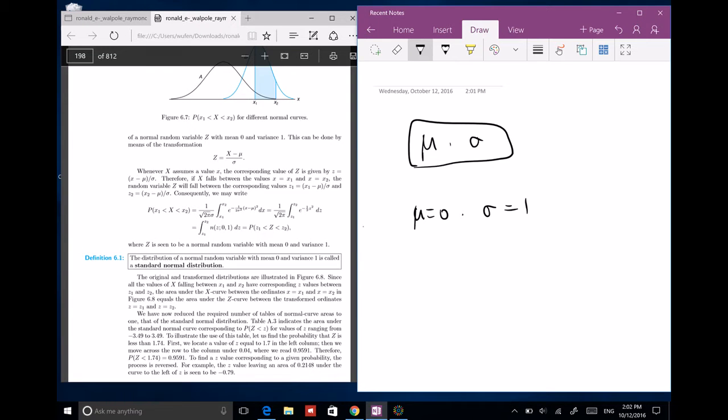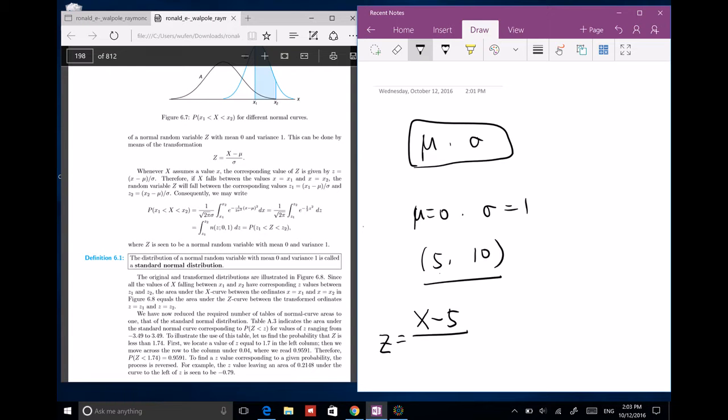Well, you may ask me another question. What if the mean value is not 0? What if it's not 0 and the sigma is not 1? For example, 10. So now it's not a standard normal distribution. Well, even if it is not a standard normal distribution, we still can convert it. For example, x minus 5. If I subtract 5 from everything, then the mean value is going to be 0.